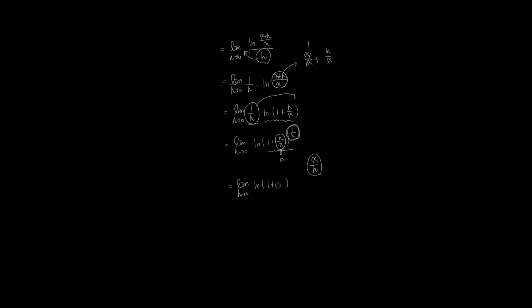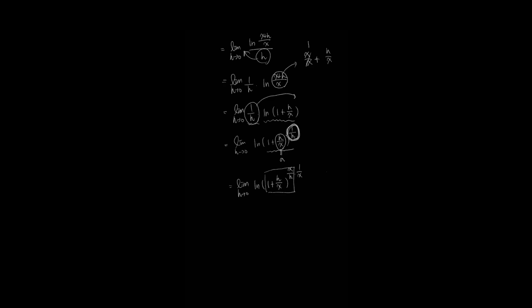So to make it equal, we need to satisfy the equation. We can make this, but to make it the same as here, we need to divide by 1 divided by x, so that it becomes 1 divided by h. So we made this form, and we know that this part is the definition of the natural constant e.